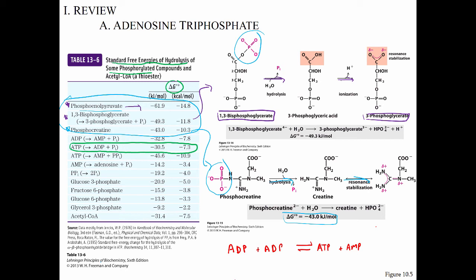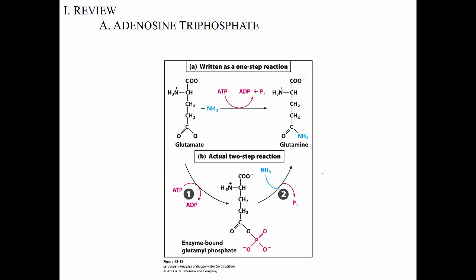Now, the final thing in regards to this discussion is how ATP can be used in energy metabolism, and I just want to give one example of this. Ignore the figure that you see for right now. Glutamate, the amino acid, plus NH3 can become glutamine, right?